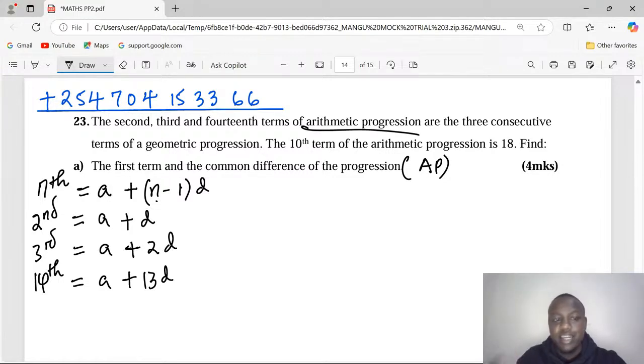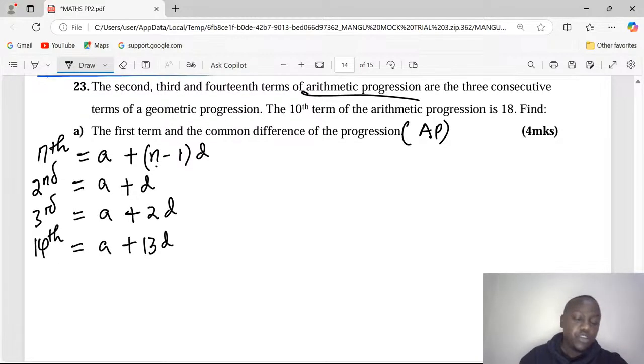We are told they are three consecutive terms in a GP. Terms in a GP mean that there is a common ratio which multiplies all of them.